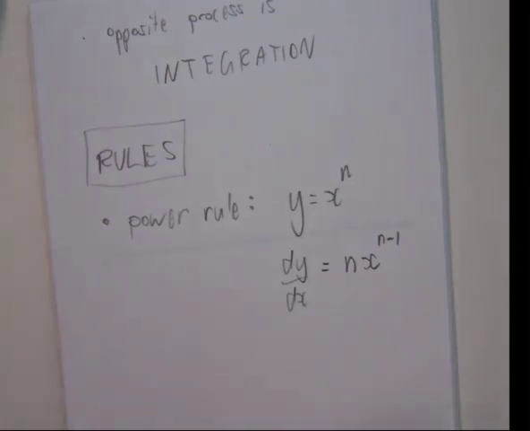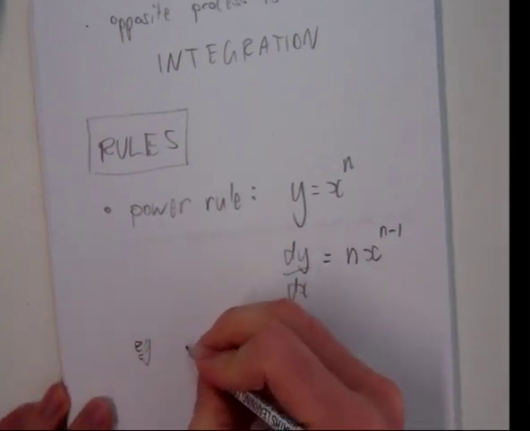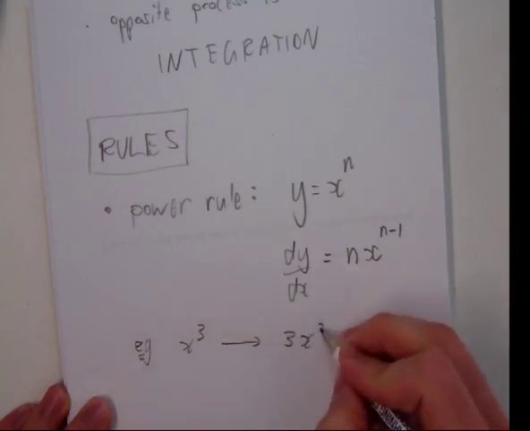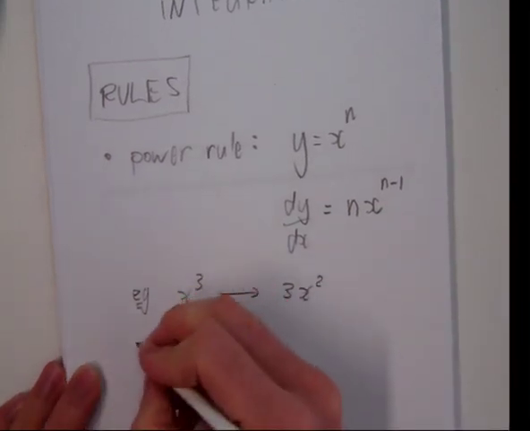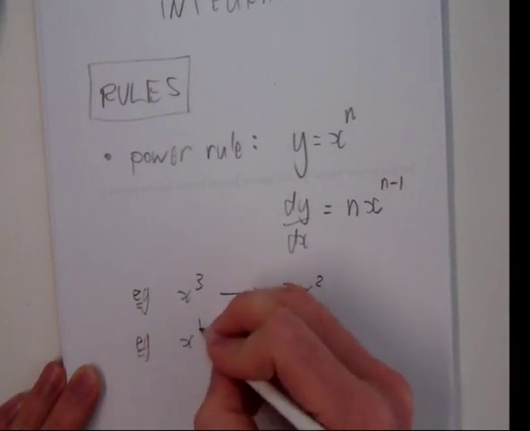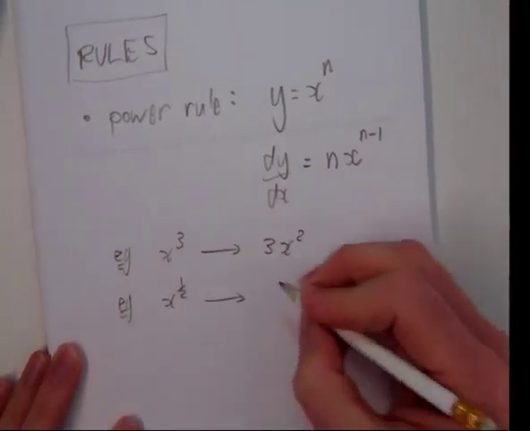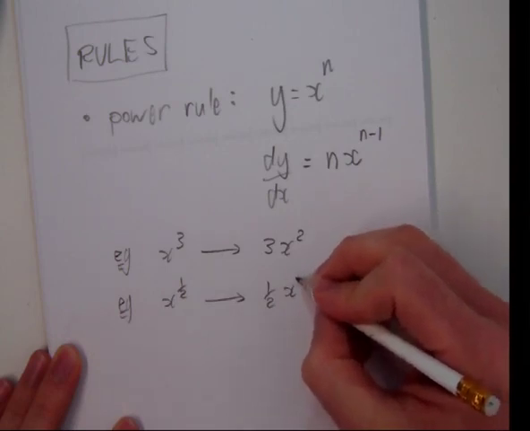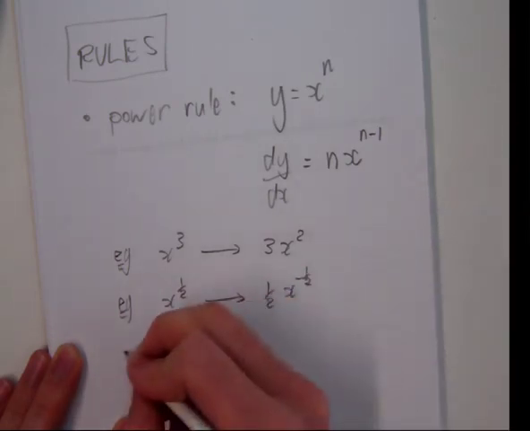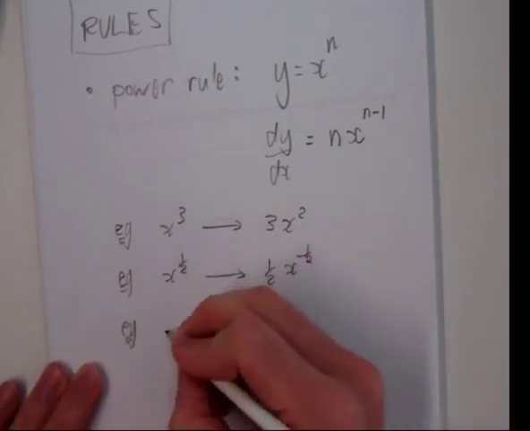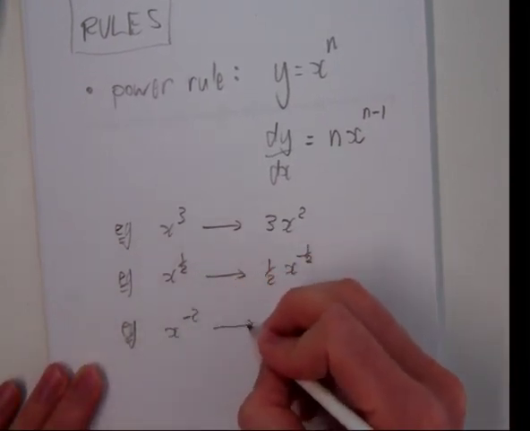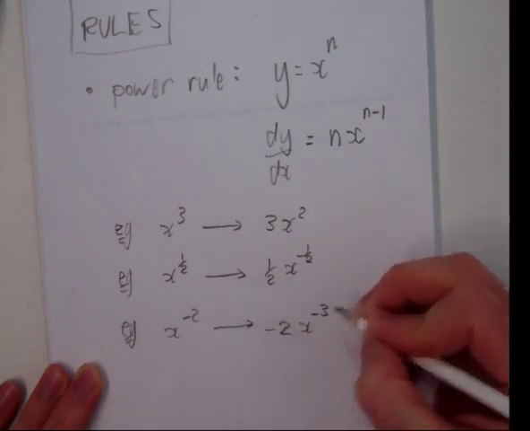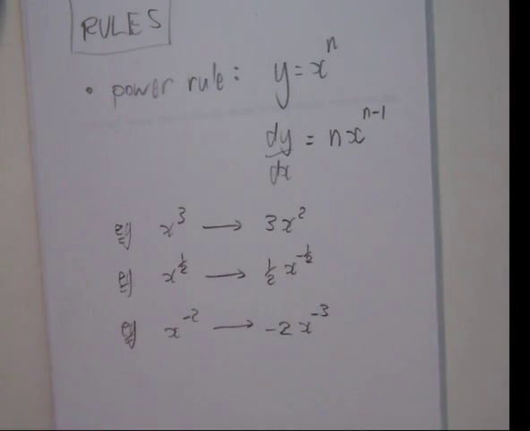So, for example, x cubed will become multiplied by the current power, reduce the power by 1. X to the half will become multiplied by the current power, and we'll have a half minus 1, which gives me minus a half. And if it's already negative, x to the minus 2, I'll multiply by the current power and reduce the power by 1, and it will go even further down to -3.